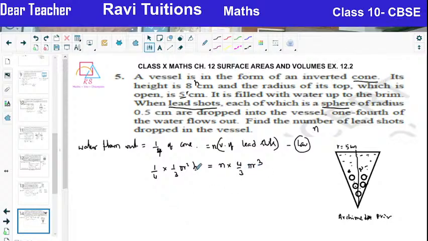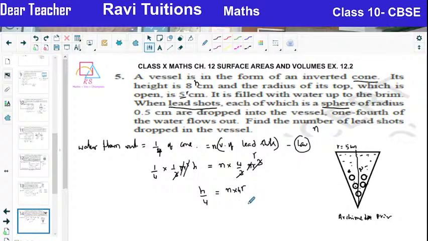It's a sphere, kada. So 3 will get cancelled, pi will get cancelled. Radius is the same, so radius also will get cancelled. So h/4 is equal to n into r.